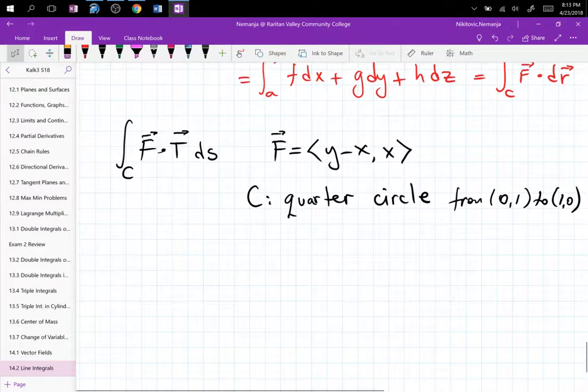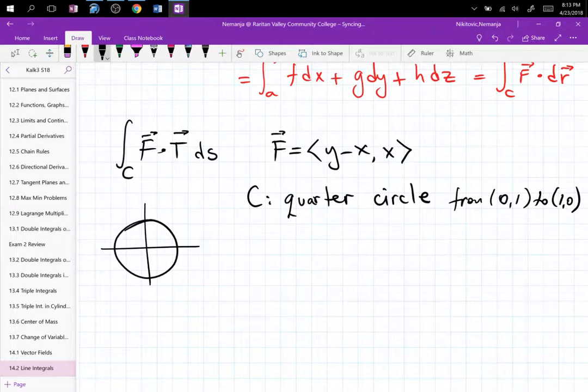All right. Well, I'm going to draw this circle and say I'm going from 0, 1, this is where I start, to 1, 0. Which way do I go?